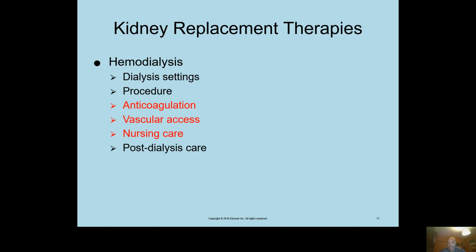Now, sometimes hemodialysis is started when uremic symptoms are present. And so what are uremic symptoms? Remember, the uremic is the poison that is building up in the patient's blood that the kidneys are supposed to get rid of. All right.